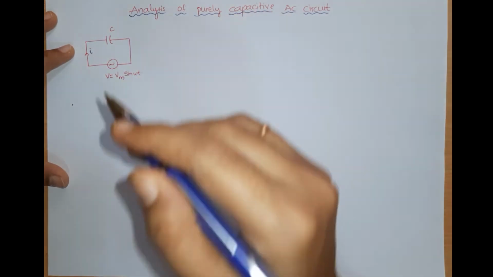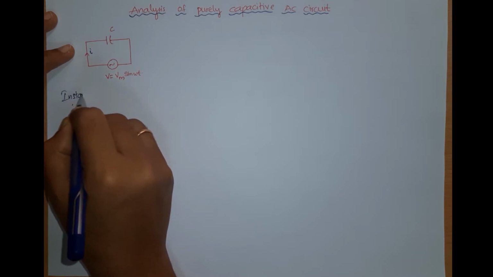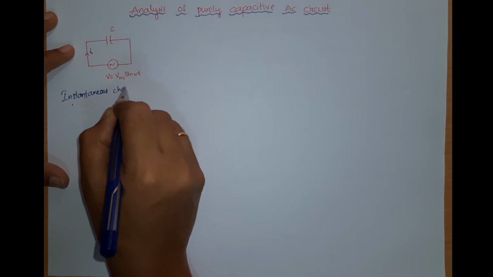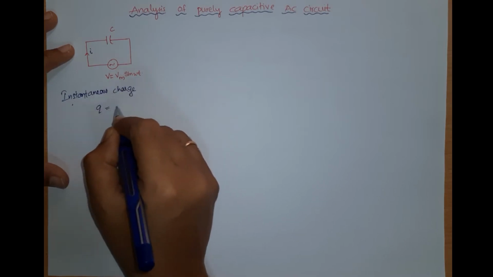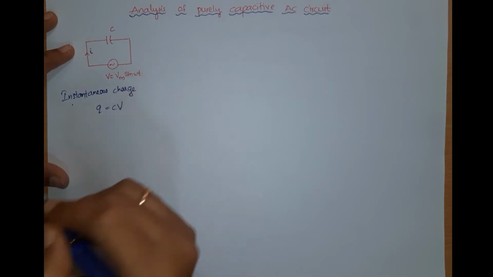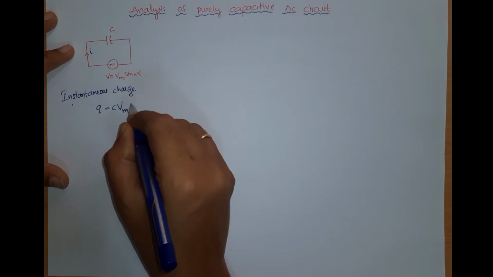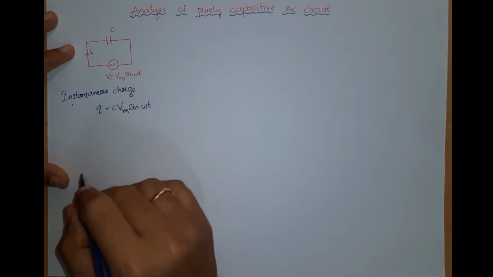Now, if you see the instantaneous charge when AC is applied, the instantaneous charge is Q. What is Q? Q is equal to CV. But as it is AC, Vm sin omega t is the applied voltage here.